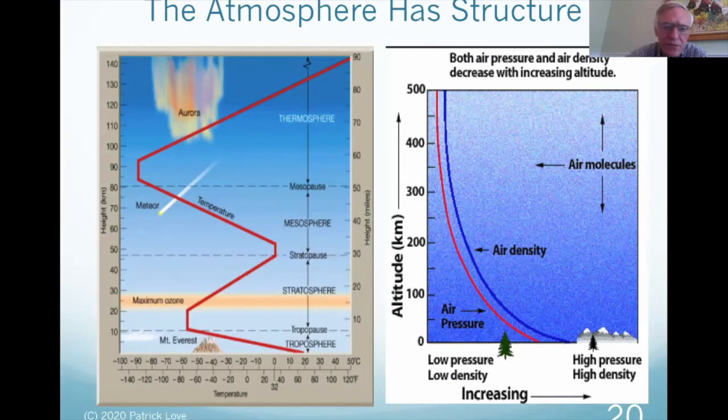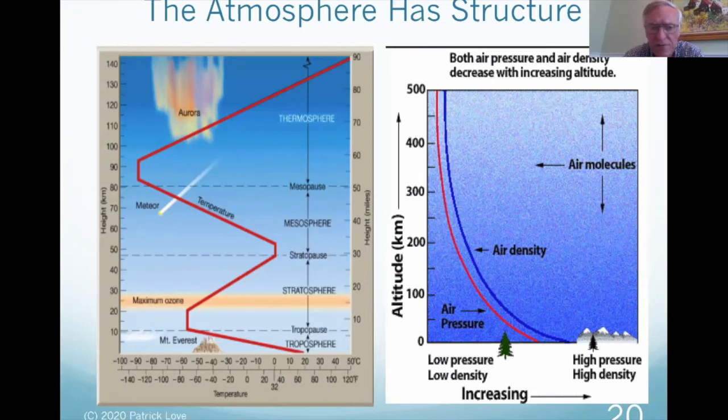You can see that it goes from maybe 60 degrees Fahrenheit or 20 degrees centigrade, and as you go up the troposphere, it drops pretty dramatically to something like minus 60 degrees centigrade or minus 80 degrees Fahrenheit.